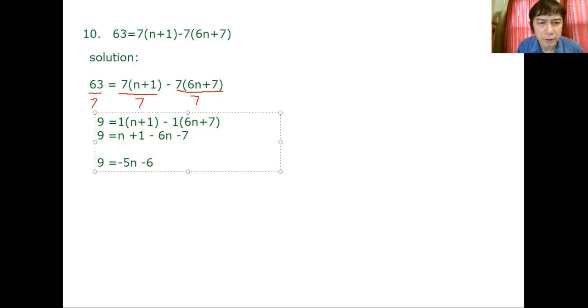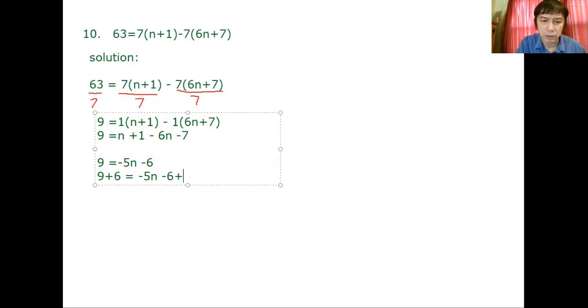Okay, after doing that, we can now proceed to further simplification by isolating the term with the n. And we can do that by making this 0. And we can make this 0 by way of adding 6. So this will now be 9 plus 6, and then -5n minus 6.